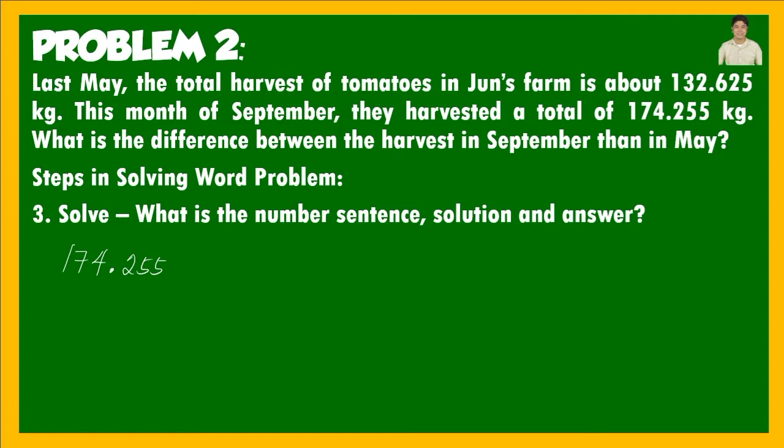So, at least alam din natin silang basahin. Hindi lang basta-basta natin sinusolve. So, next, 132.625 equals N. Ayan. So, yung N na hinahanap natin is makukuha natin kapag pinag-subtract natin sila.